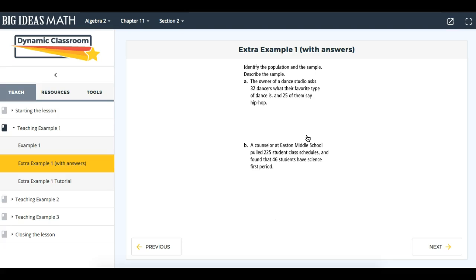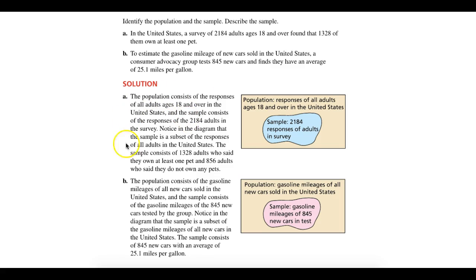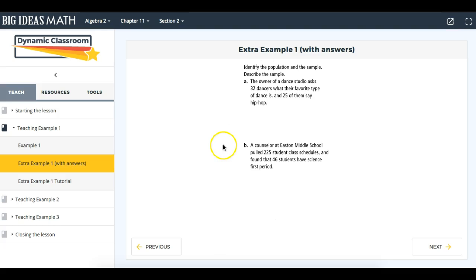Make sure, okay, I don't want your response to just be population and sample. I want to know why. I want a description of the sample and the population. If you need to see an example of a description, look at this sample example that we did right here. Look at the description and the thoroughness of these results. Yours should be similar to that. So go ahead and enter your answers in the text box now.